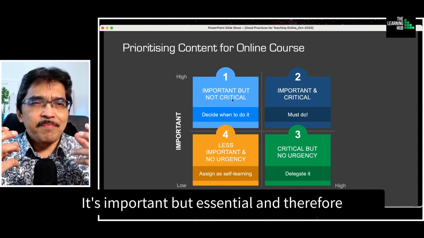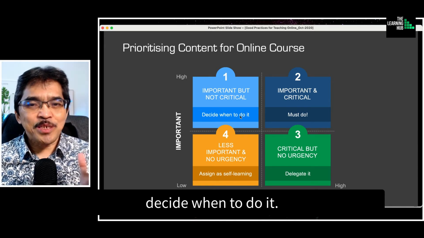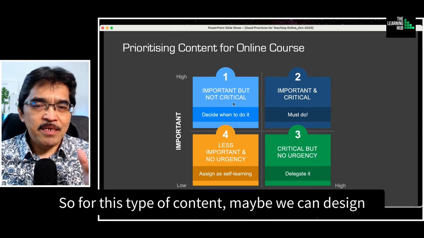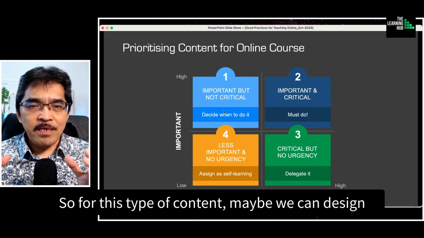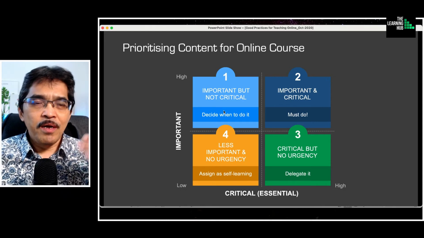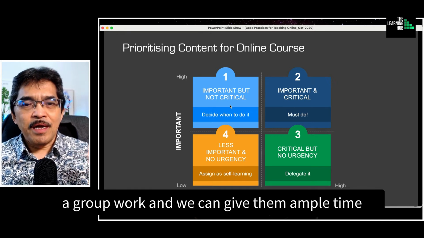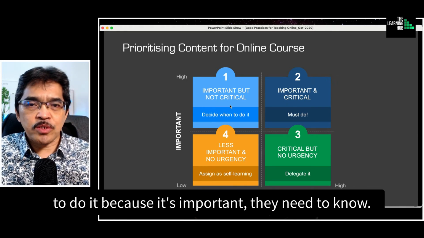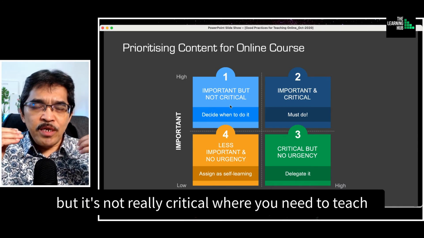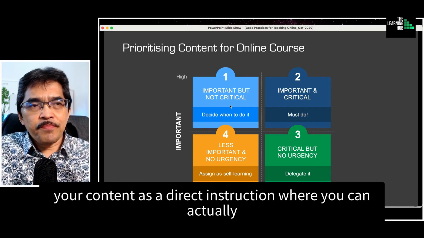It's important but it's not really essential, and therefore decide when to do it. For this type of content, maybe we can design it as learning activities that the students can do in the asynchronous session, or they can do it as group work, and we can give them ample time to do it, because it's important, they need to know, but it's not really critical where you need to teach the content as direct instruction.